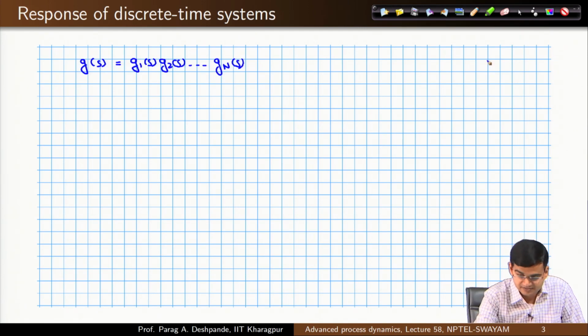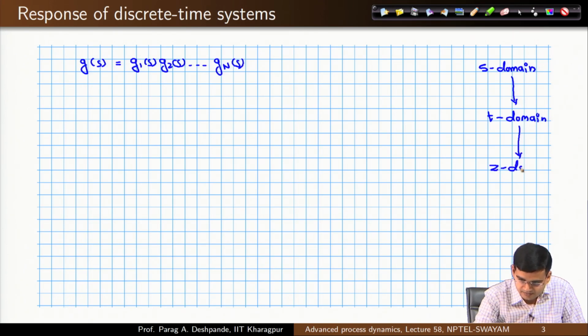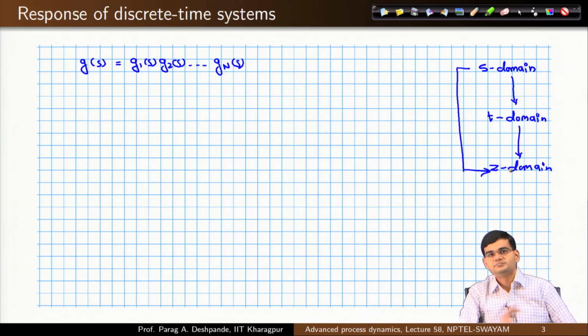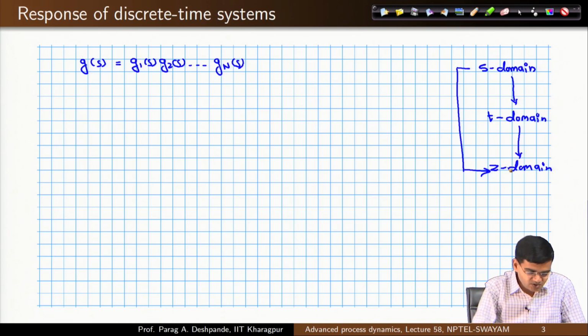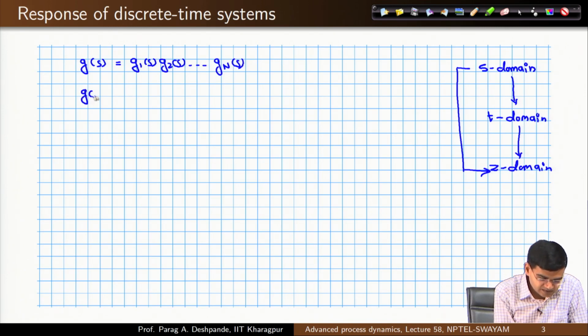Let me write this again. S domain to T domain to Z domain, or alternatively directly. My flow is very clear. So, how do I go from G of s, which is the multiplication of individual transfer functions, to G of z?